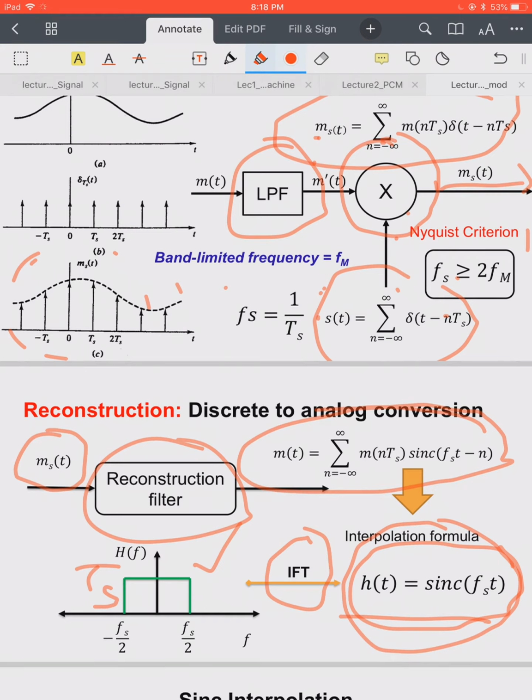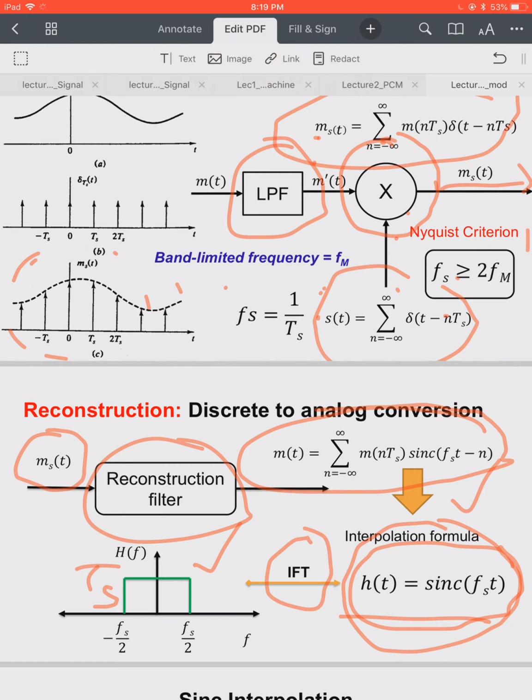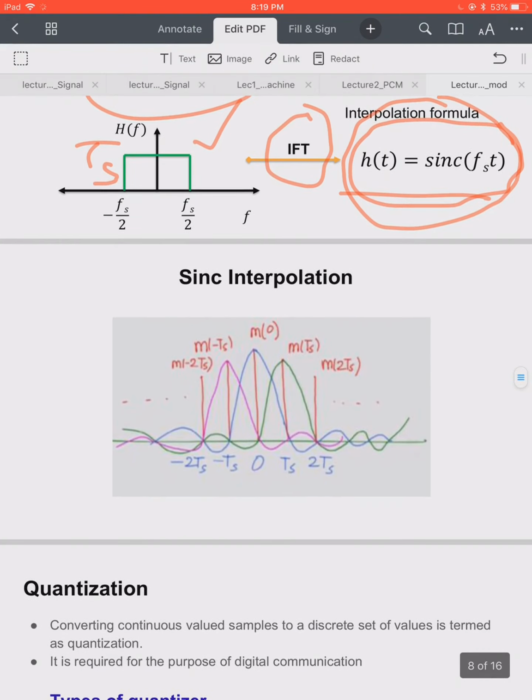So we have the sampled signal, which consists of impulses, right? And you are shifting the sinc function by multiples of Ts, scaling it, and then superimposing these sincs. So you can observe that reconstruction is nothing but a sum of shifted sincs. Basically, we are doing sinc interpolation.